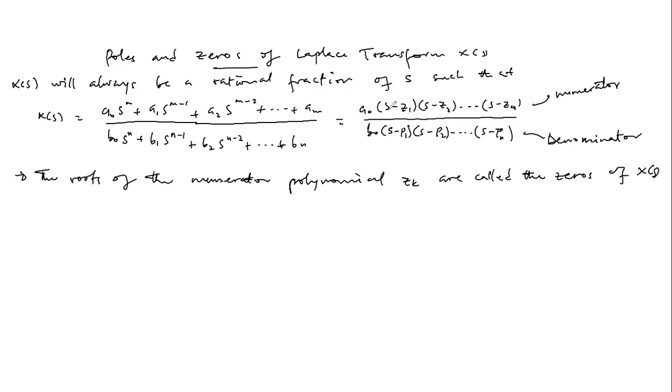Now, should any of these roots turn to 0, let's say z1, when s is the same as z1, then z1 minus z1 will be 0. You realize that the numerator reduces to 0, then it means the Laplace transform reduces to 0.